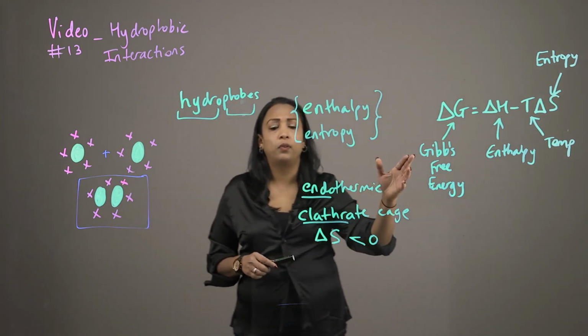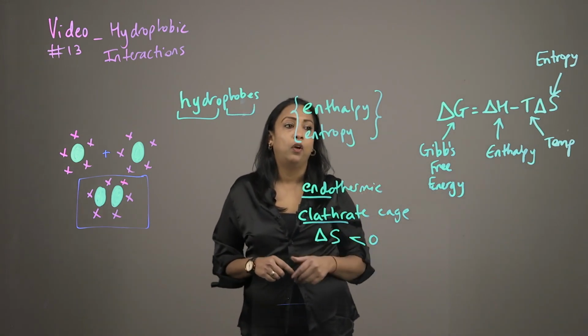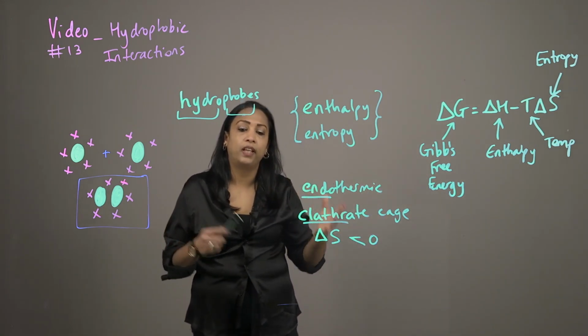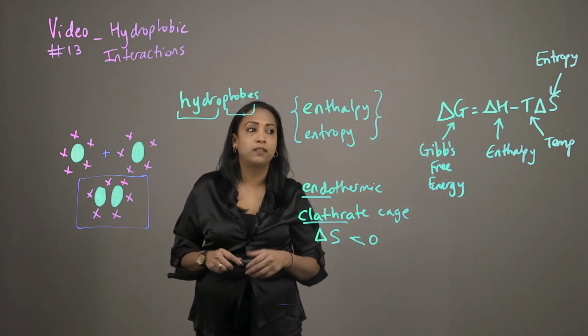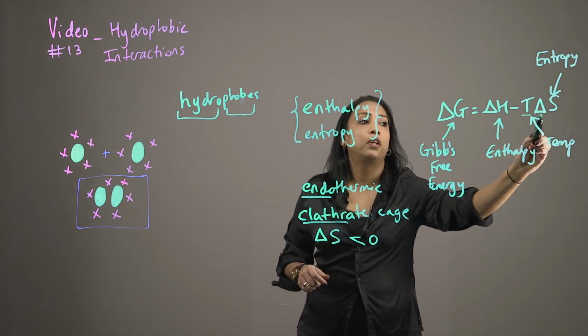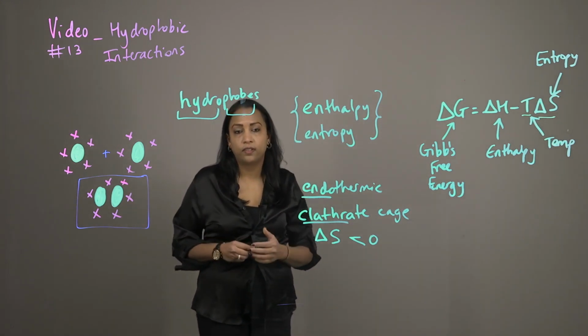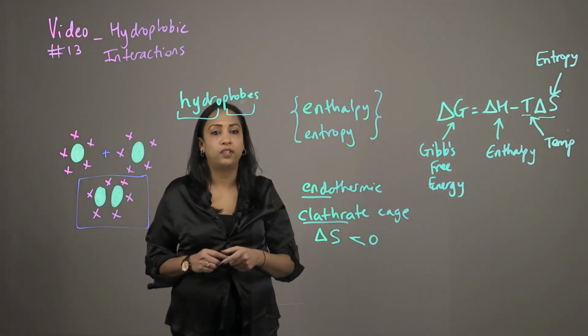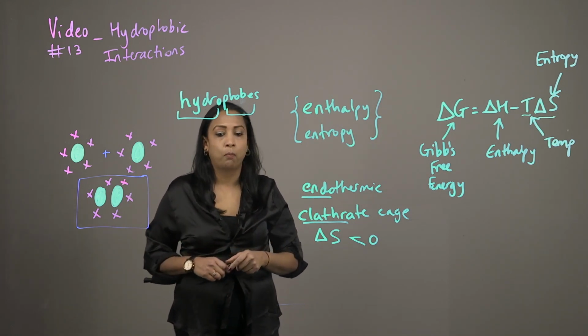So according to the Gibbs energy formula, which is written here, the change in Gibbs free energy is equal to the change in enthalpy minus the temperature multiplied by the change in entropy. And just for reference, temperature in the Gibbs free energy equation is measured in kelvins.